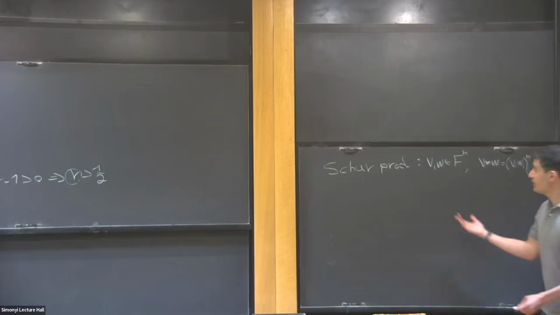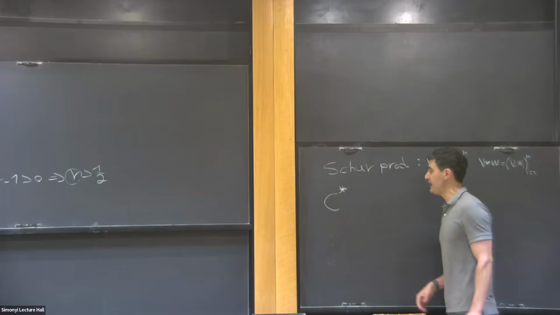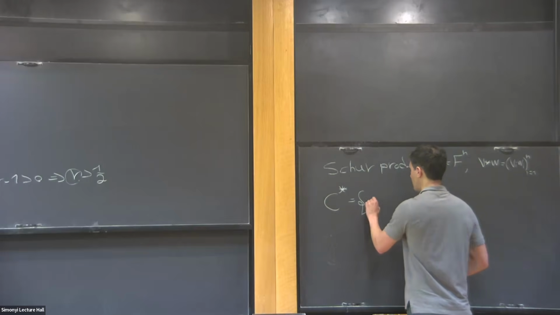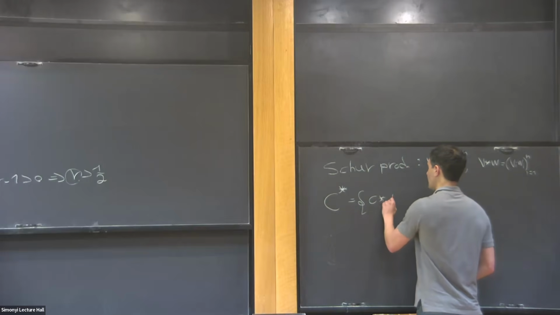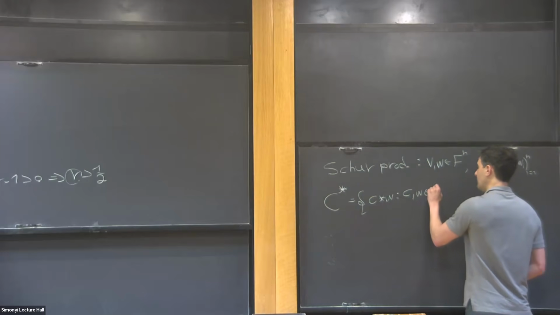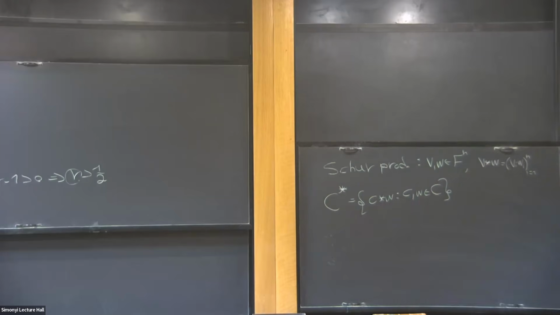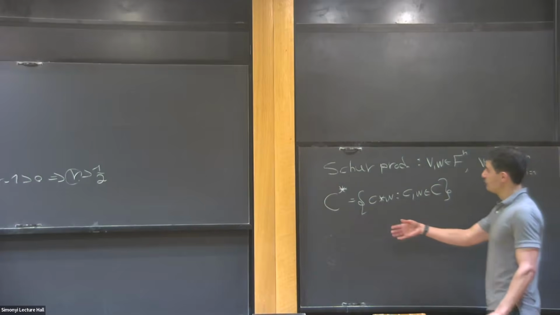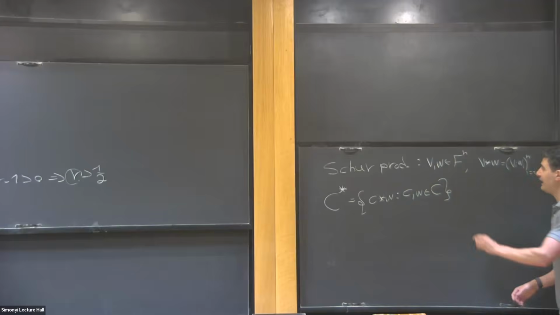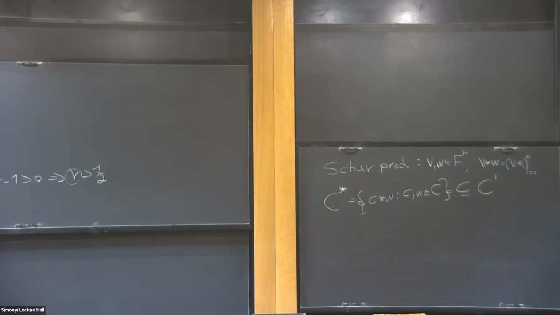And now, if C is a code or any set, you can define the Schur product of the code with itself. It's just all possible Schur products of v and w, where v and w are in your set C. And now we say that the code has the multiplication property if this set is contained in another code C prime that has some interesting properties.